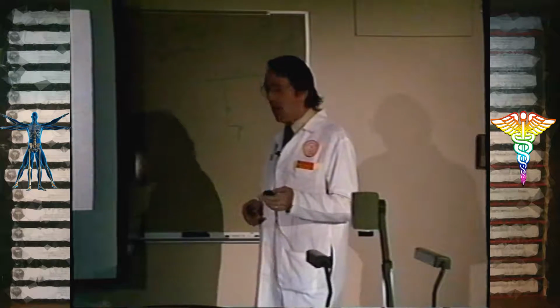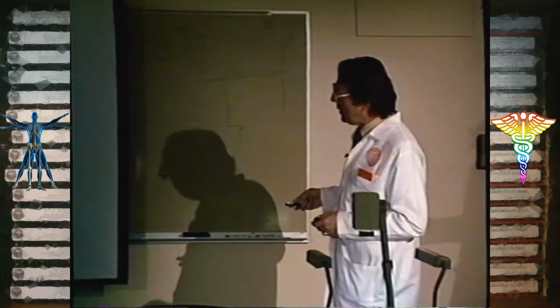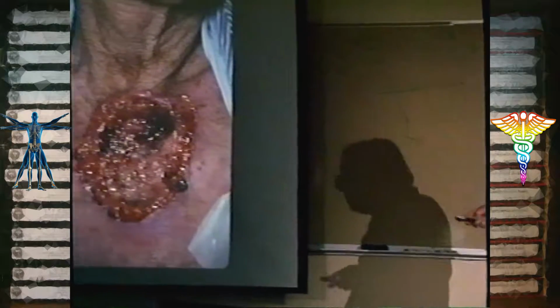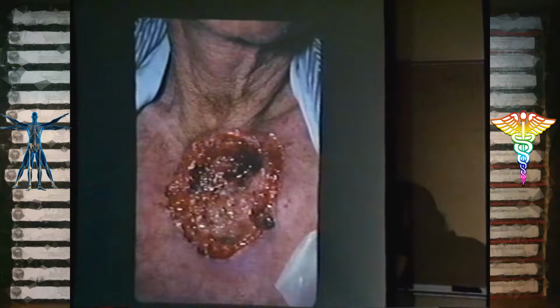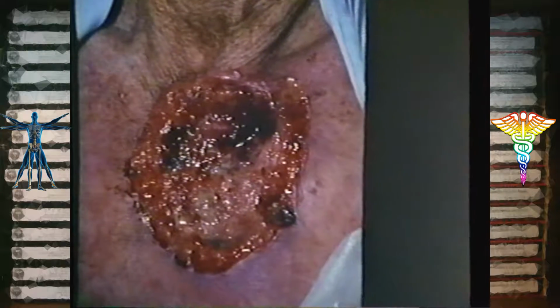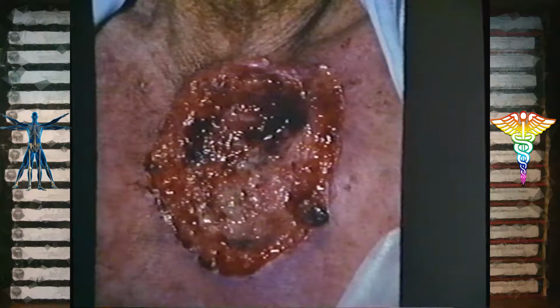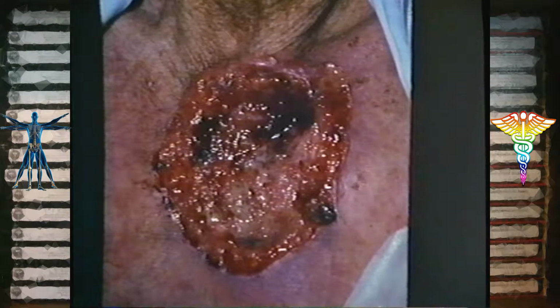Well, that's not entirely true. If you neglect them long enough, this is what can happen. You can get a huge ulceration, many centimeters in size. And you still have that pearly raised up area, but now you're starting to get into a major surgical problem. Total neglect for maybe 10 or 15 years.